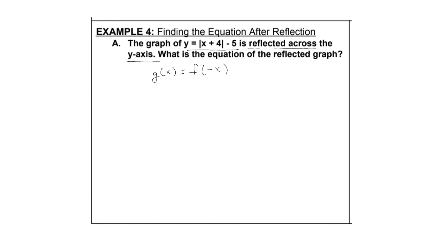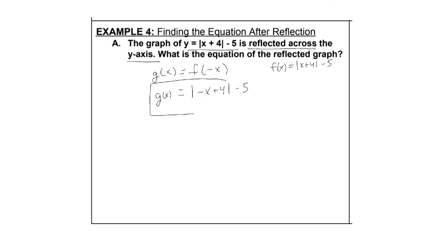Okay, so if we know our f of x is the absolute value of x plus 4, minus 5, what we're going to do is take the absolute value of negative x plus 4, and then we subtract 5, and that is our g of x.